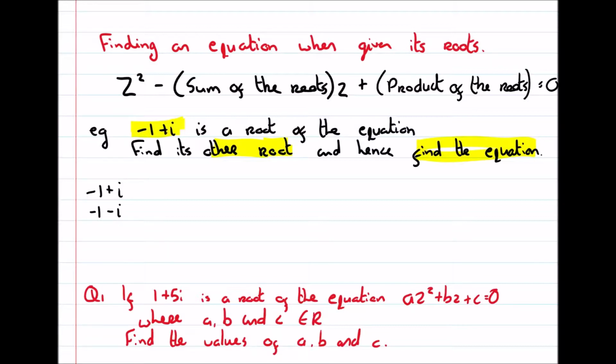And now, how do I find the equation? Well, we need to know this off by heart. We say z squared minus the sum of the roots.